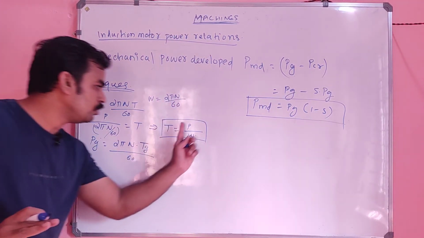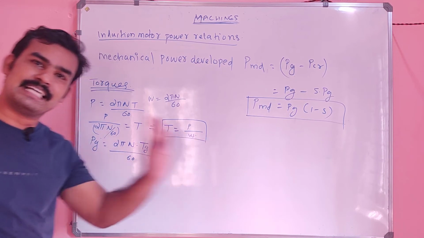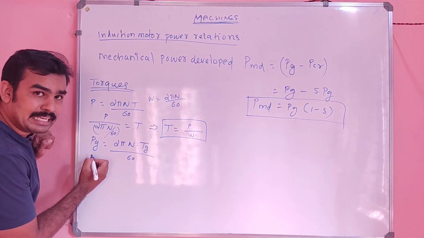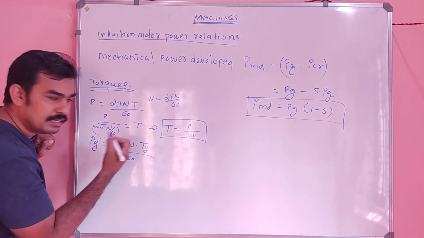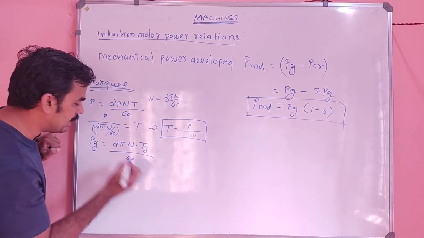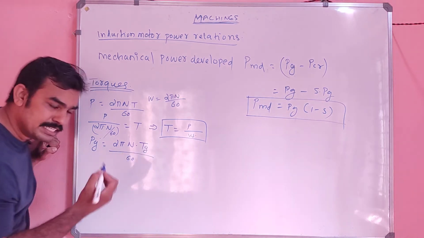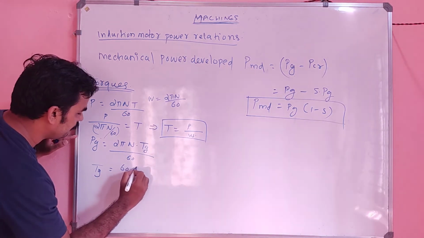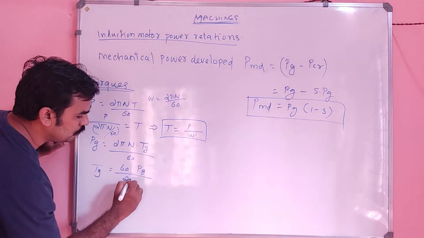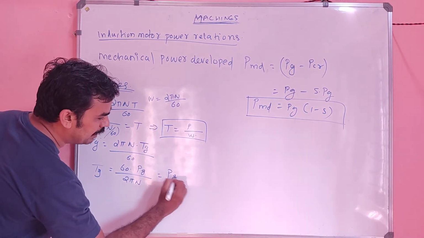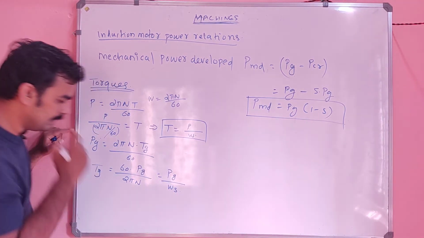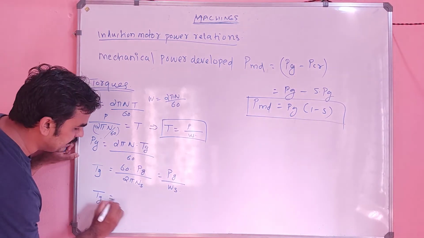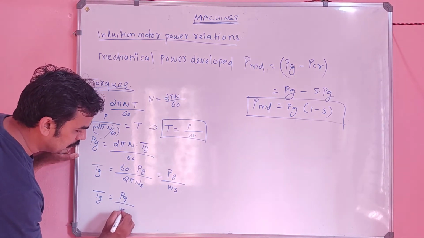So the air gap power can be written in terms of the air gap torque as PG is equal to 2 pi N into TG by 60, or TG will be equal to 60 into PG divided by 2 pi N, or the same as PG divided by omega. Suppose it is NS, it will be omega S, so TG will be equal to PG divided by omega S.